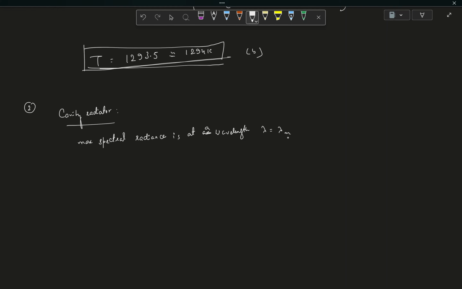This subscript m signifies that the spectral radiance is maximum at this particular wavelength. And the temperature is equal to T Kelvin in this case, let's say.